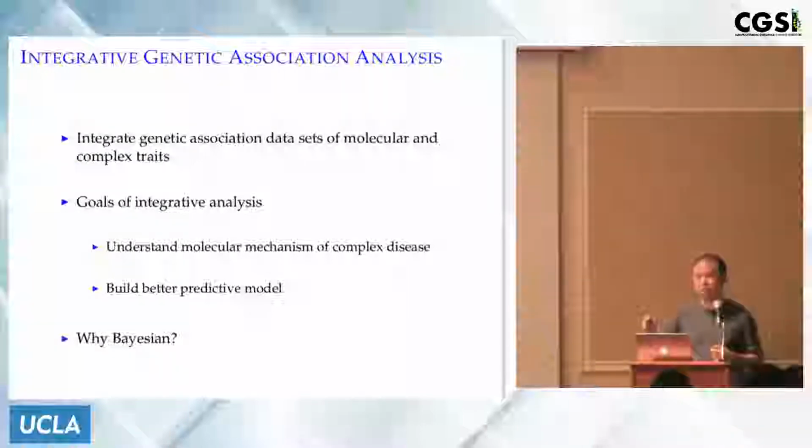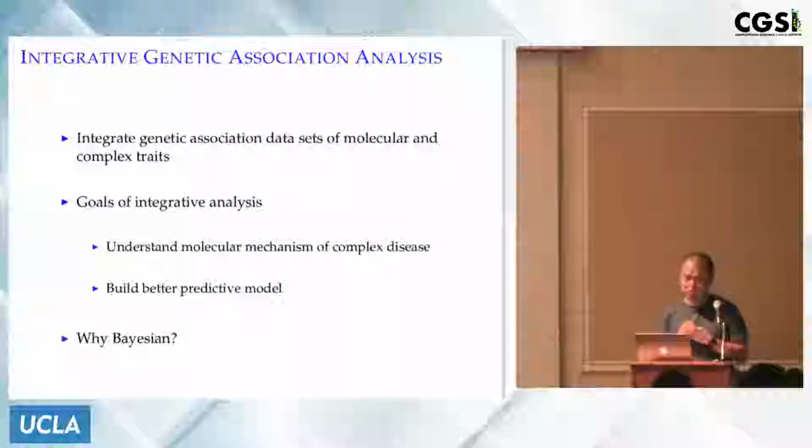That's a very naive biological model. But can we fill in the details in this kind of simple causal model? The second is more clinically or application driven. Can we do better prediction based on one's genetic information?